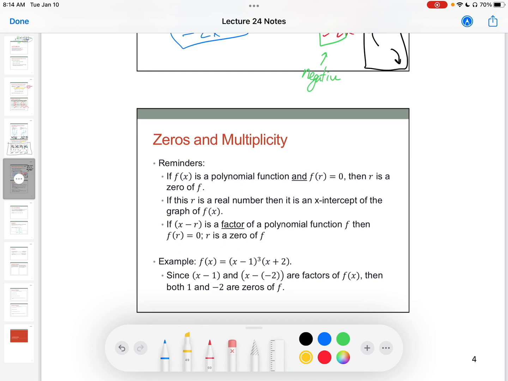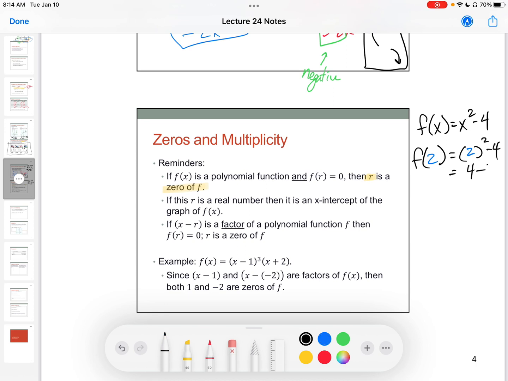If f of x is a polynomial function and f of r equals 0, then r is a 0 of that function. That's just saying that if I had a function f of x equals x squared minus 4, and I plugged in a 2, f of 2 equals 2 squared minus 4.